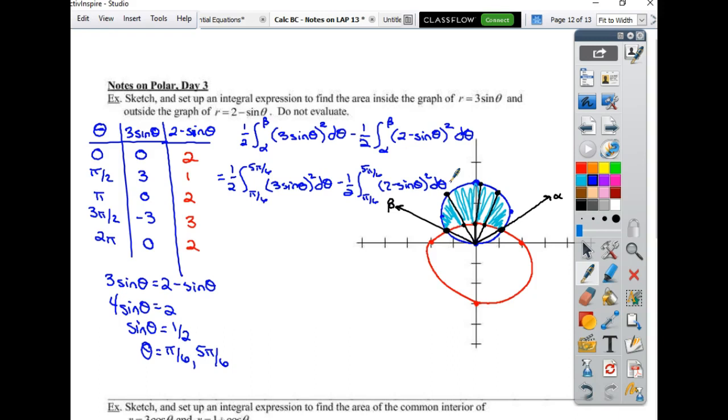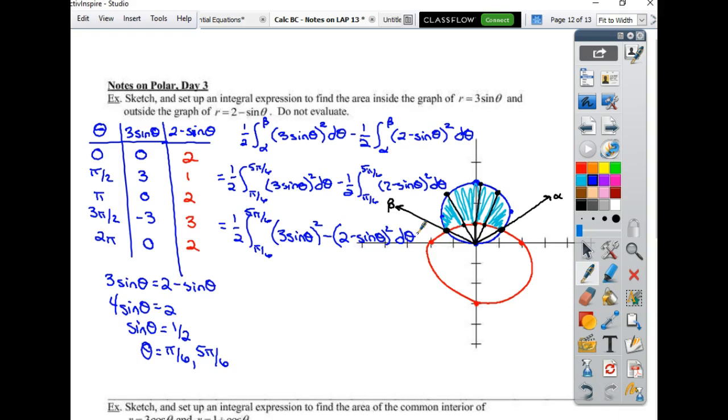The other thing I do want to point out is I wrote this as 2 separate integrals, but I could factor the 1/2 out, and you'll notice that these have the same limits of integration. So I could have actually written this as a single integral, which should start kind of reminding you a little bit of volumes of rotation.